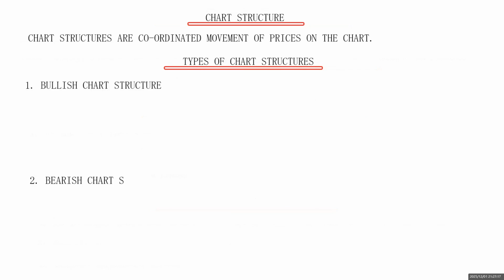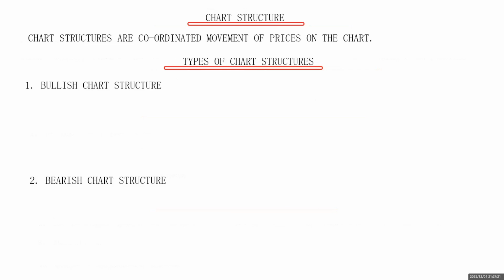And let's put this under, right? Okay, so type of chart structures. Number one, as we all know, we have the bullish chart structure, and number two, we have the bearish chart structure.